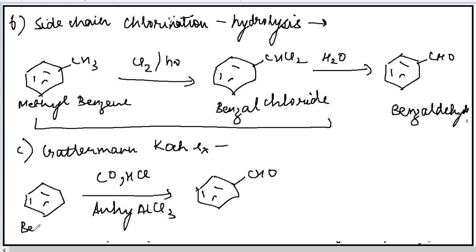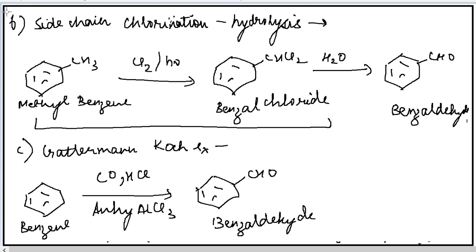So this is benzene, again an aromatic hydrocarbon, giving you aldehyde, benzaldehyde. So these are the ways by which we can prepare aldehyde.